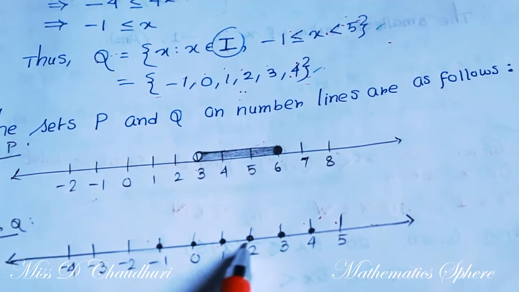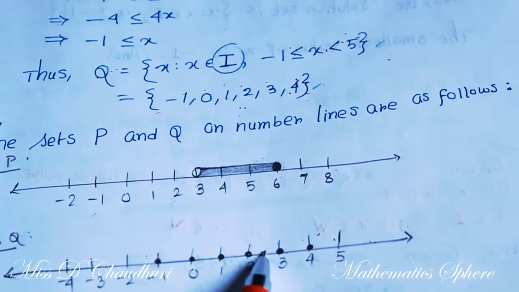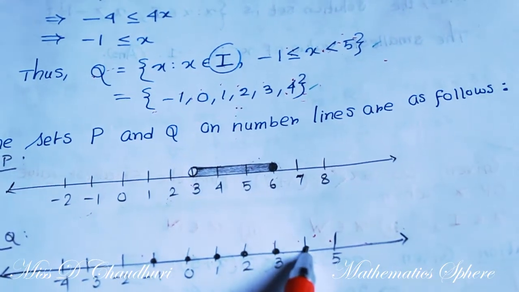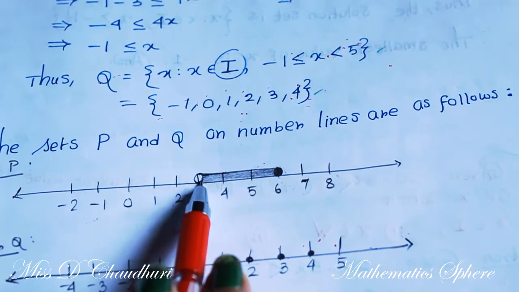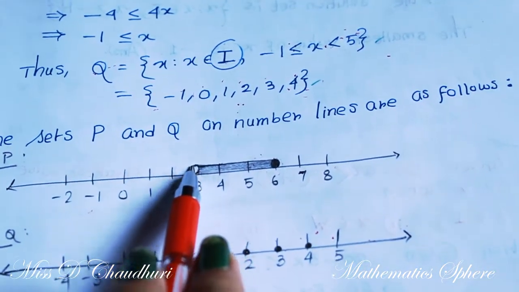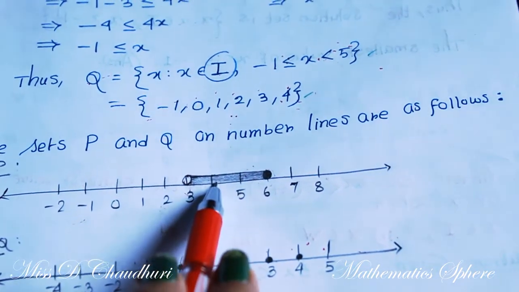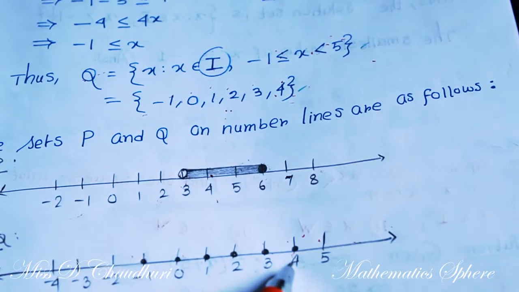So these elements do not come under P, because P does not contain them. Now we can see here 3 and 4 are there, but P does not have 3, because 3 was excluded, so we gave an empty circle. So only common is 4, here also 4 is there.